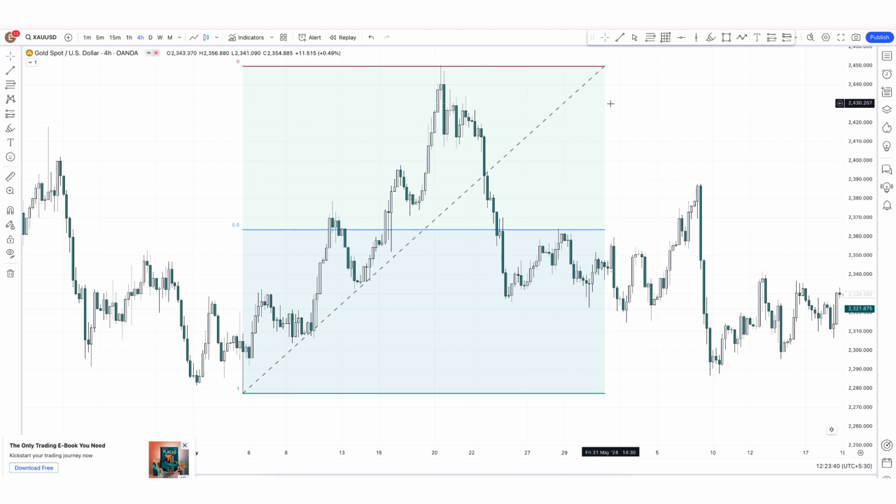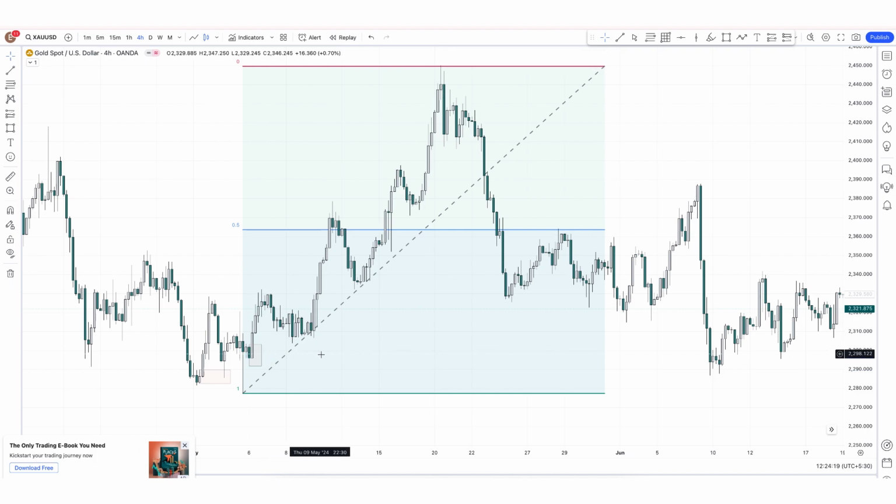Now, where do institutions want to invest to make money? They look for some PD array, from bottom to top, and we check the order block. Here we have one, and here as well.